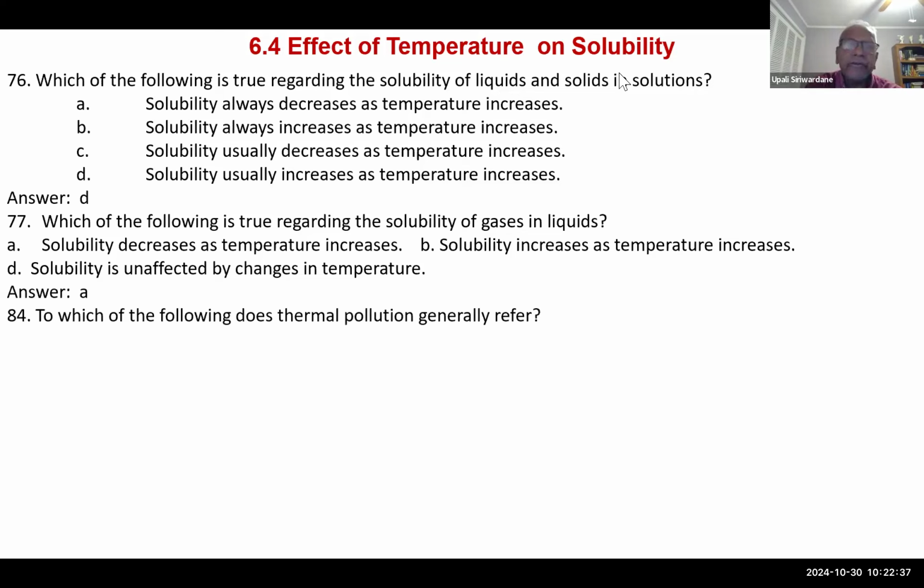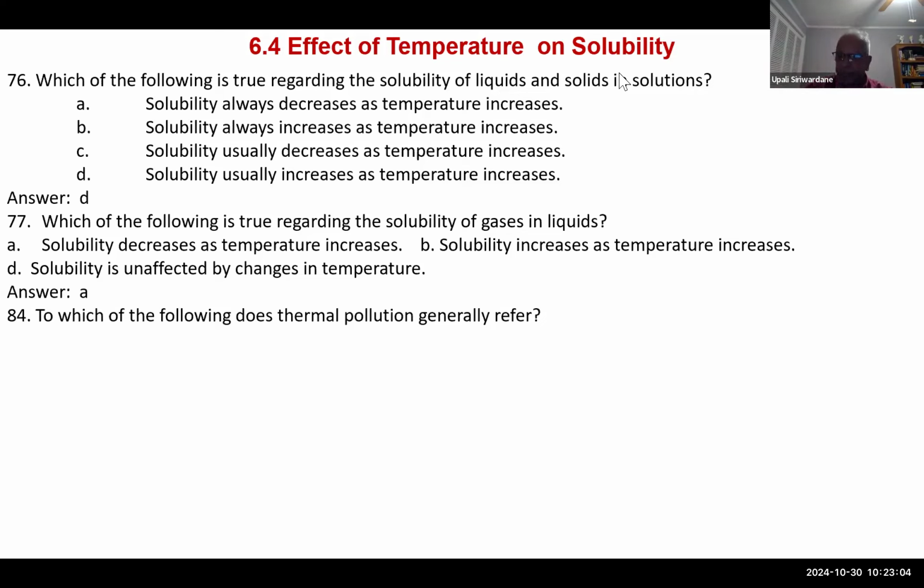To which of the following does thermal pollution generally refer? Thermal pollution takes place where factories dump their processed hot water into a river or lake.